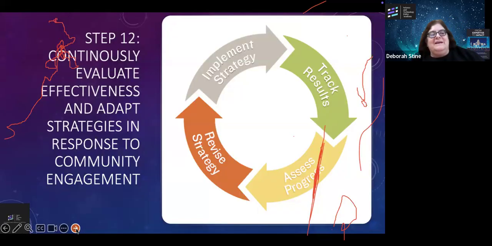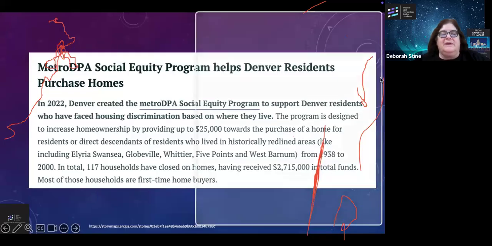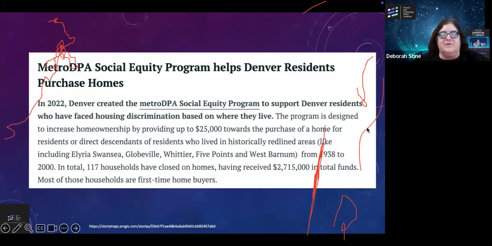So the last step is continuously evaluating the effectiveness and adapting the strategies in response to community engagement. So Denver developed this social equity program to help people purchase homes, as I mentioned earlier.